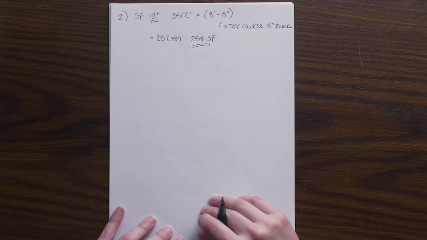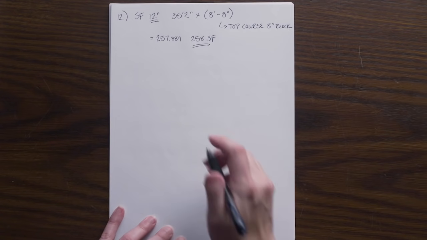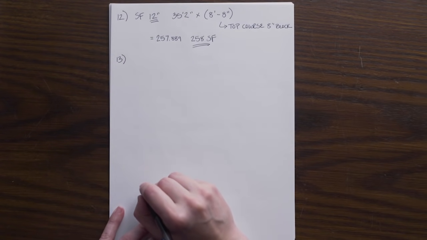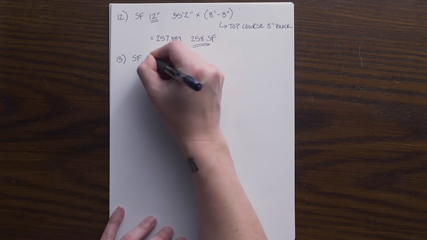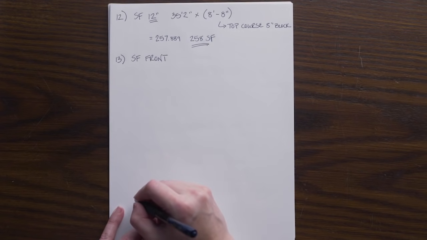If we ever want to know the square footage of our entire front foundation wall for calculation purposes, we're going to go ahead and add that together in our number 13. So this is the square footage of the front wall as it's labeled. It just says the square footage of the 12 and 8-inch wall systems.